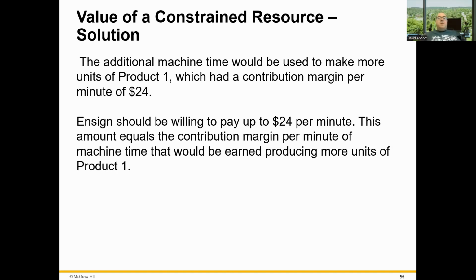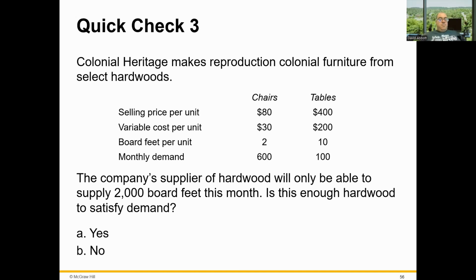So let's do another. Okay. So Colonial Heritage makes reproduction colonial furniture from select hardwoods. The company's supplier of hardwood will only be able to produce 2,000 board feet this month.